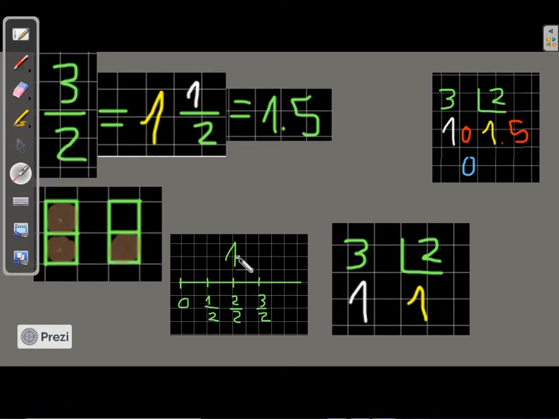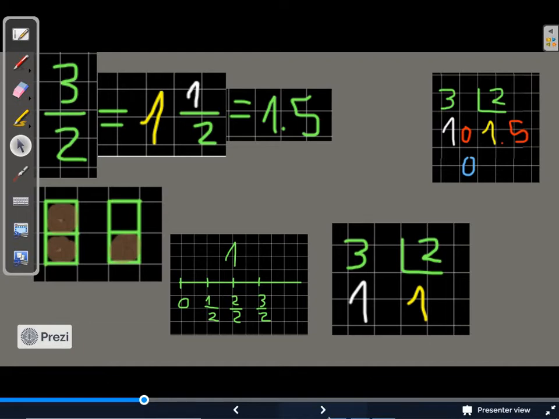And remember, I told you 3 halves is after 1, and 1.5 is also after 1. So these are different ways of saying the same thing. 3 halves is equal to 1.5. 1 and a half is equal to 1.5. As you can see here, I have a complete rectangle colored and a half of another one colored. So it's the same but with different numbers or symbols.